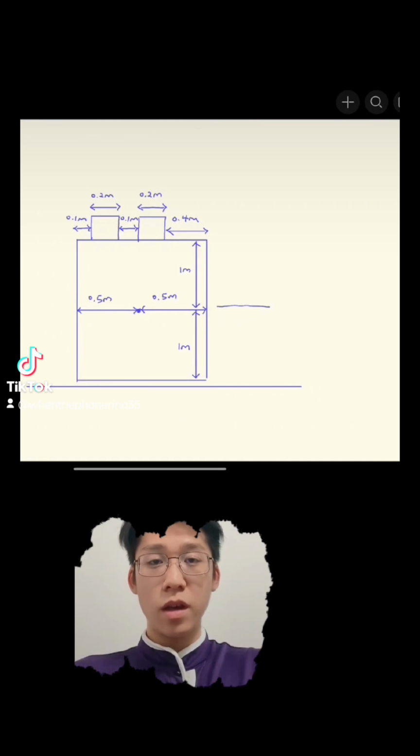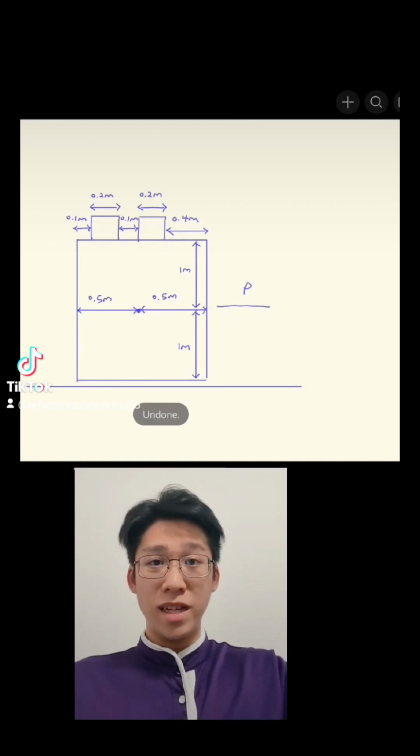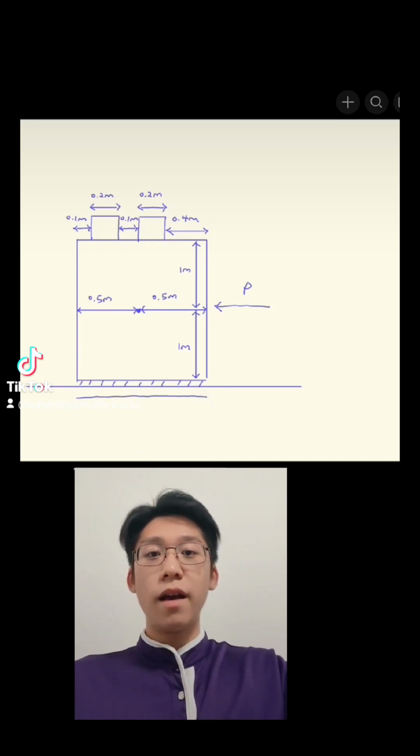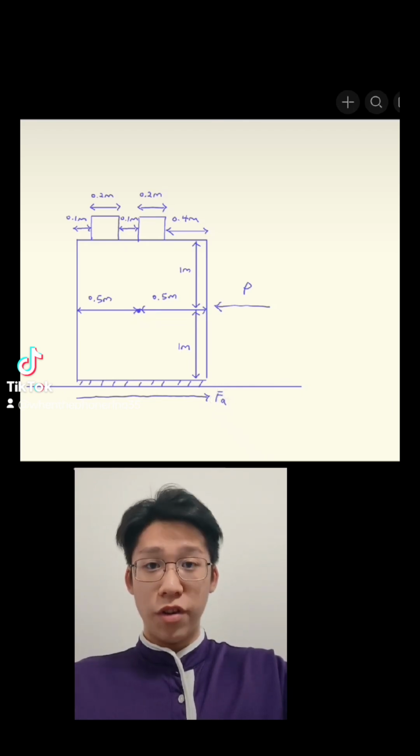As we know, pushing force P is acted towards the left. Since the wardrobe is on the floor, there will be a friction force, which we will label as FA, towards the right.